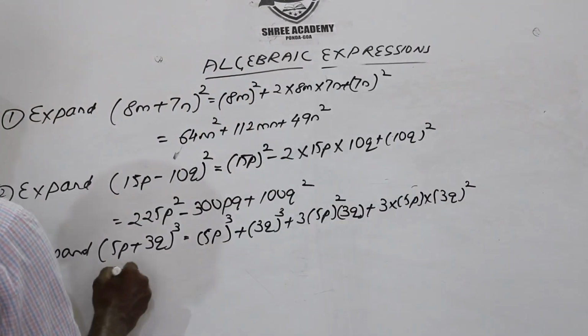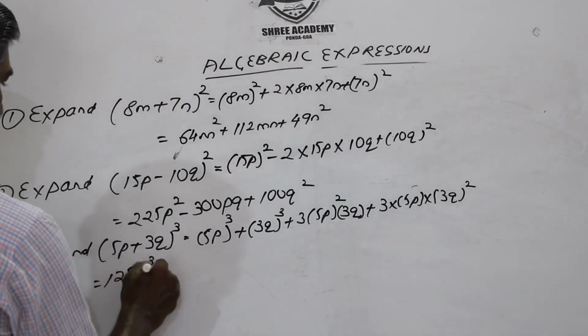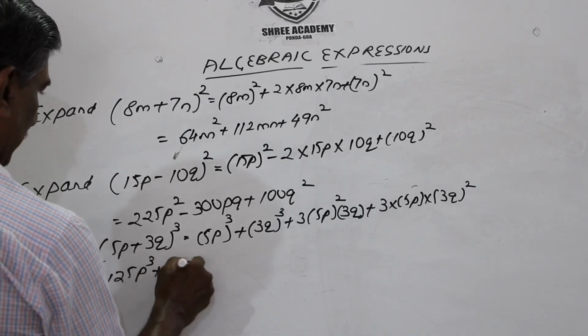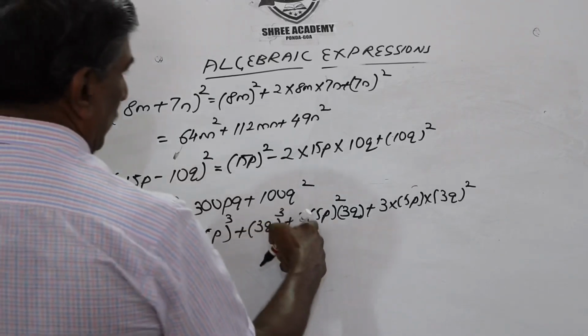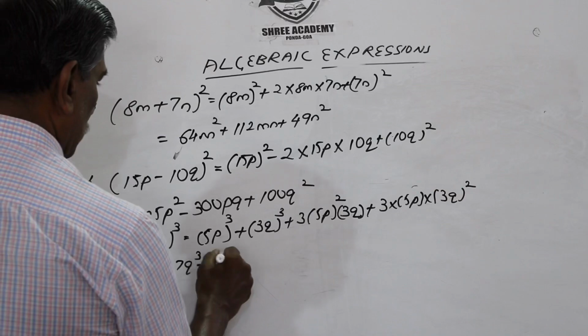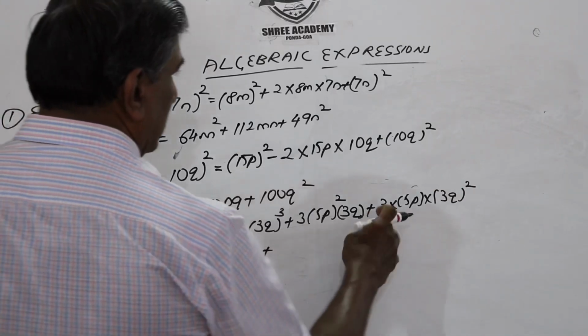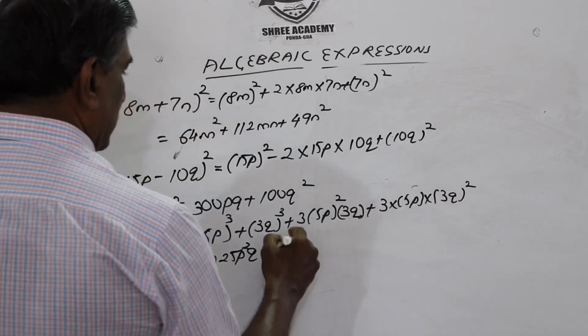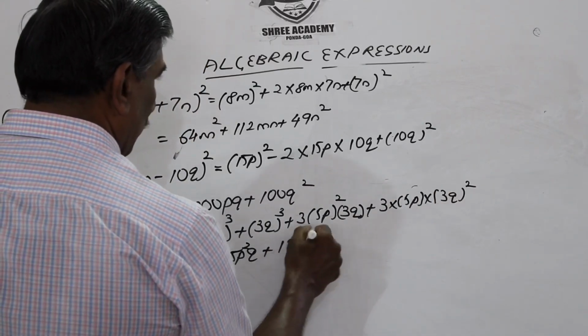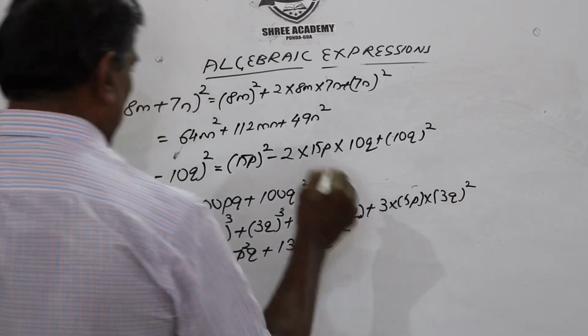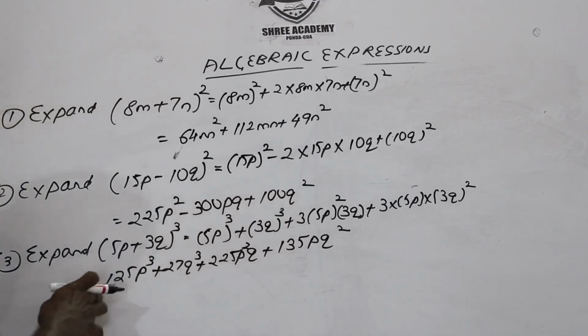So this is 125p cube plus 27q cube. So 25 fives are 75, 3 twos are 225p square q plus 9 fifteens are 135p q square. So this is the final expansion of this identity.